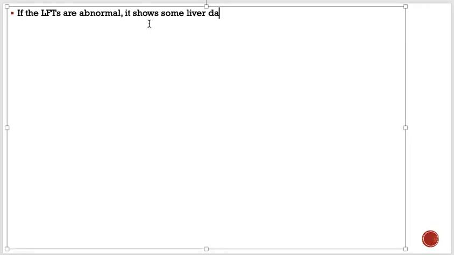If the LFTs are abnormal, it shows some liver damage is there, especially when AST and ALT are raised, not just bilirubin. Because in hemolysis there may be raised bilirubin levels, but in that case the liver is normal. The rise is due to increased breakdown of RBCs, right?